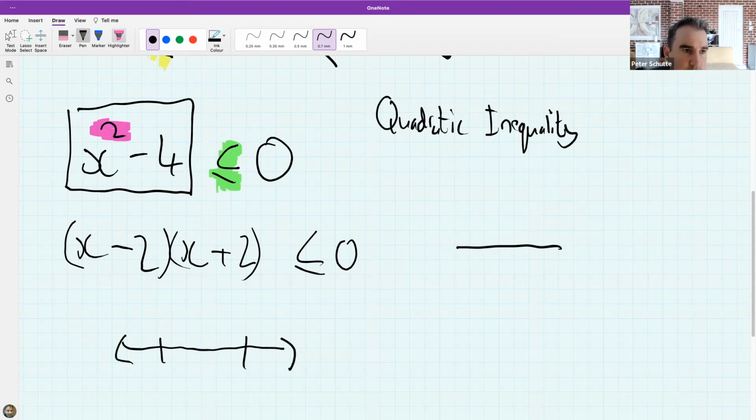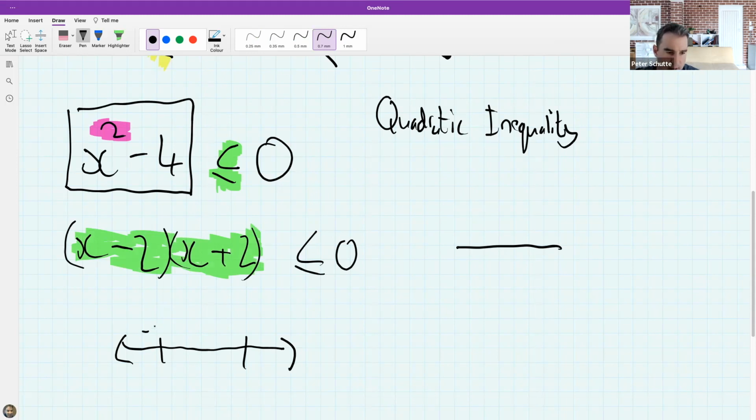If I ask you to look at this expression, what are the critical values, or the values where this expression will be 0? What value of x will make the expression 0? It's going to be 2 and minus 2.